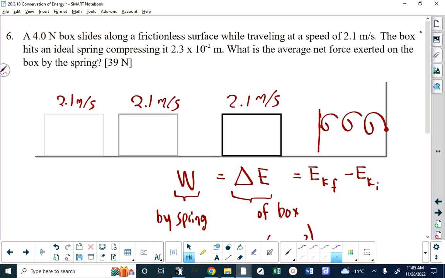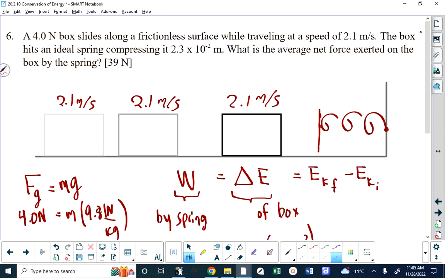So what we're looking for here, Nate, is this formula on your formula sheet. Force due to gravity is the mass times the gravitational field. So this is 4 newtons, mass times 9.81 newtons per kilogram.